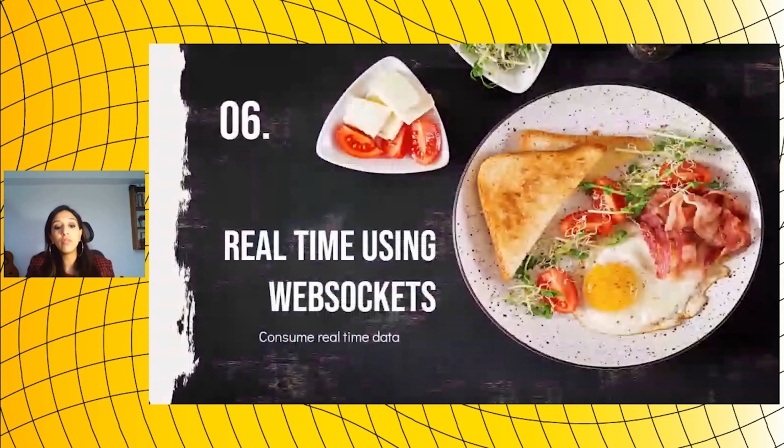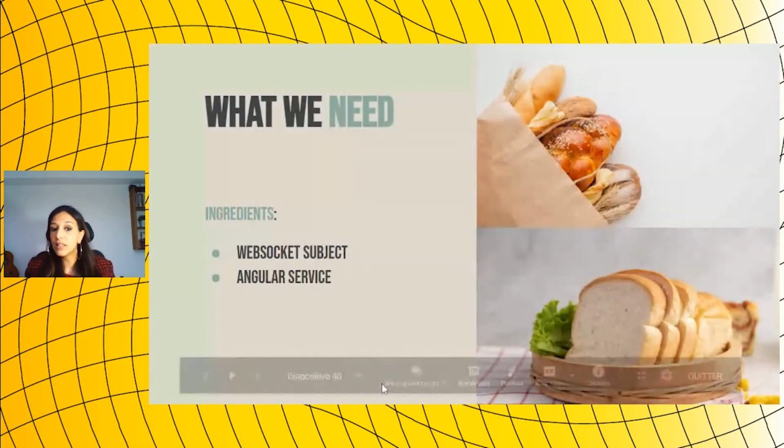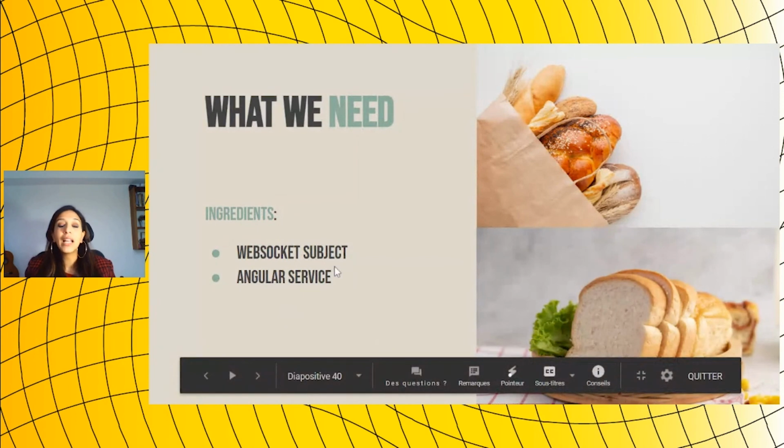Next recipe is real-time using WebSockets, to consume real-time data. If you have real-time data to consume and you have a WebSocket server, then check out the WebSocketSubject. This is the secret ingredient here, and you will need also an Angular service.